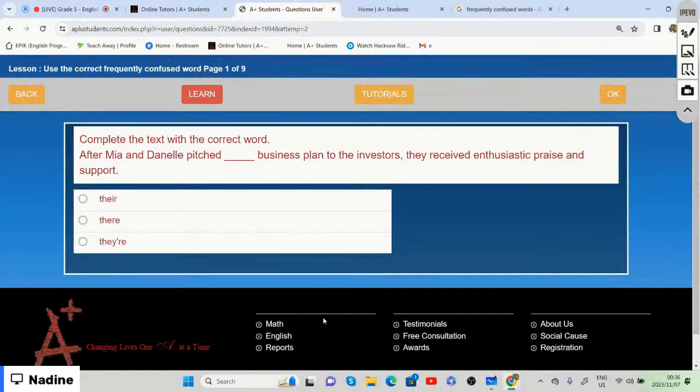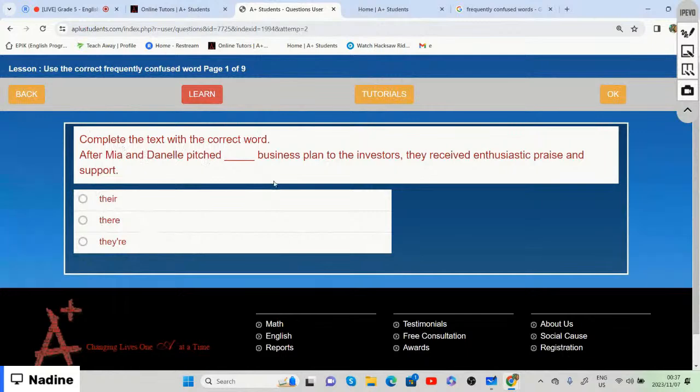All right, so it says, after Mia and Danelle pitched their, there, or they're business plan to the investors, they received enthusiastic praise and support. So, what is the correct answer? We need to use the correct word to complete the text. So, Mia and Danelle pitched.